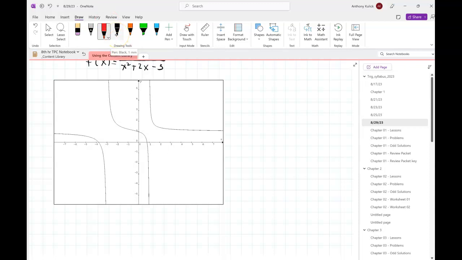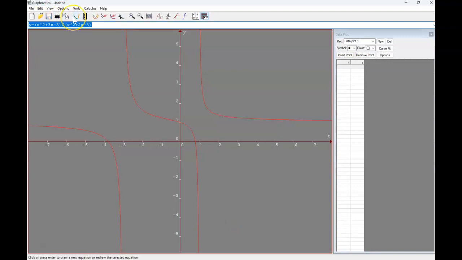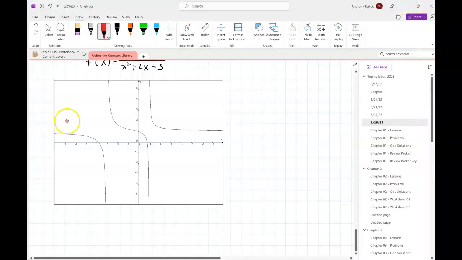The other advantage of it also, this is the best part as far as I'm concerned. Remember how we couldn't graph stuff like x equals y squared on our calculator? You can do it on Graphmatica with no adjustment. So that's kind of nice. Anyways, that's beside the point.